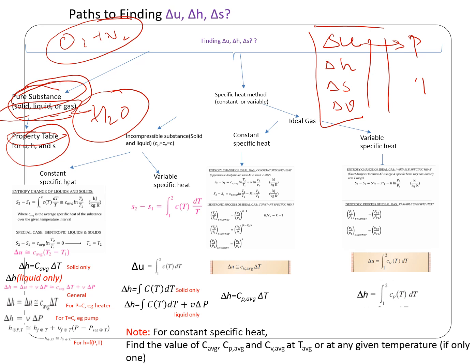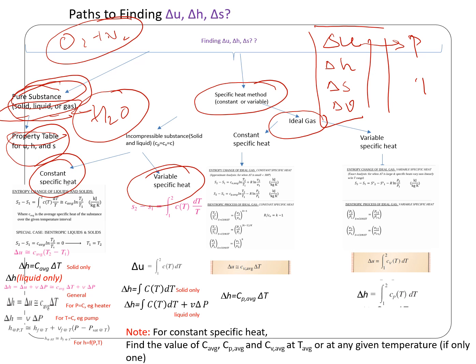And if you are not able to get it, move on to the specific heat method. And again, for any of these properties, you can use the constant specific heat method or the variable specific heat method. Again, you need to look at the problem, whether it's an ideal gas. If it's just a gas, and it doesn't say anything, you can still assume ideal gas and carry out the calculation. But if it says it's not an ideal gas, then you cannot.